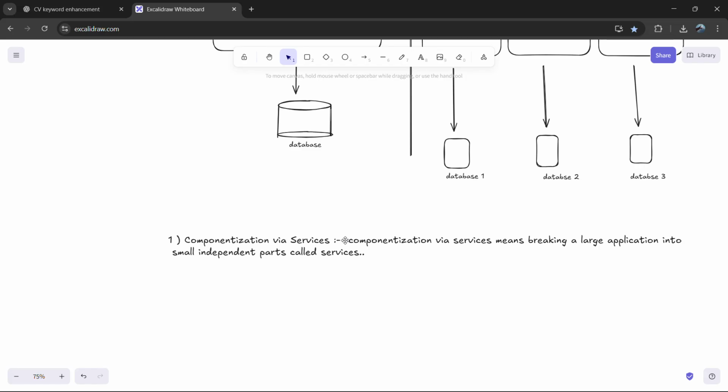It also becomes easier to scale, because if the product service is getting high traffic, we can scale only that part instead of the whole system.